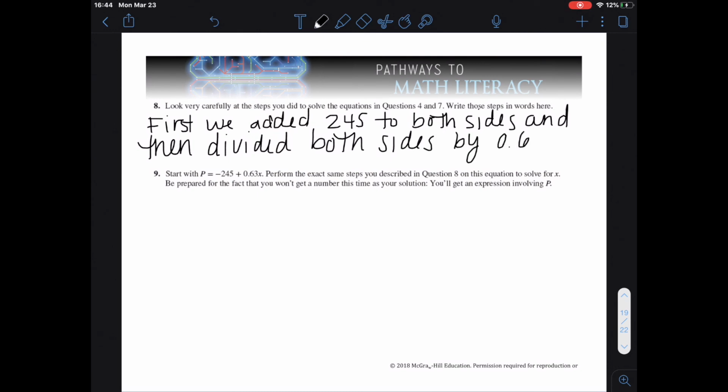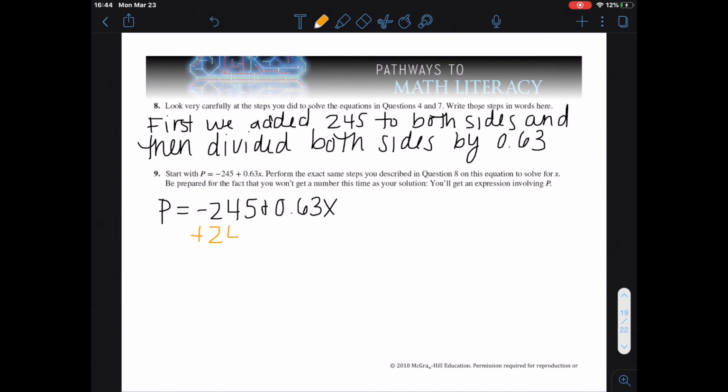Okay. So we're going to perform those same steps, but we're going to solve the equation for x with an arbitrary p. So basically, my profit at any point is given by this equation. I'm going to solve this for x, so it makes it a little bit easier to now know how many snow cones you need to sell. So I do the same process.